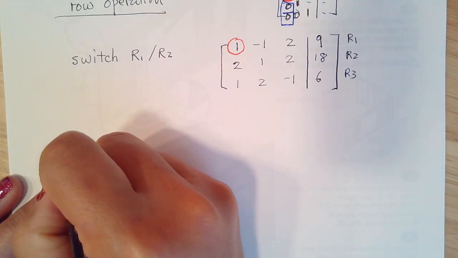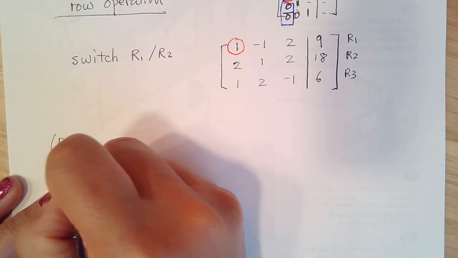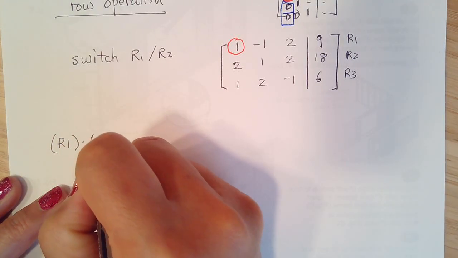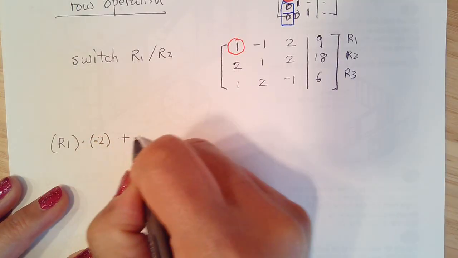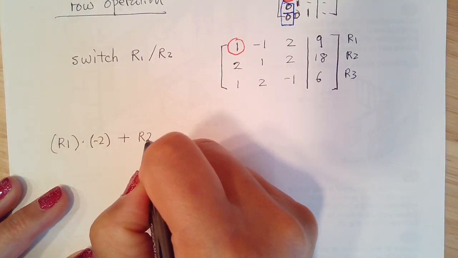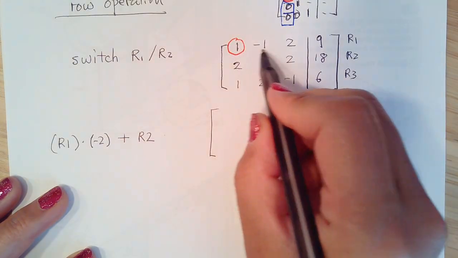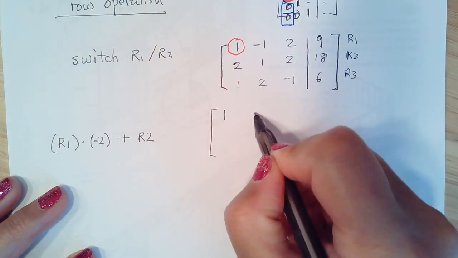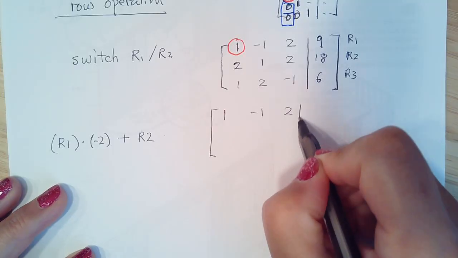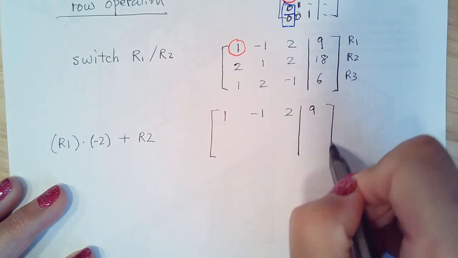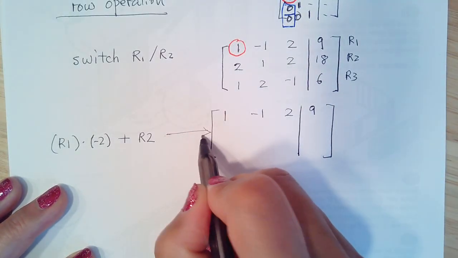So I'm going to take row 1, multiply by -2, and then add to my row 2, which becomes my new row 2. So the first row, I keep it. So I have a 1, -1, 2, and a 9, okay? So that becomes my new row 2.